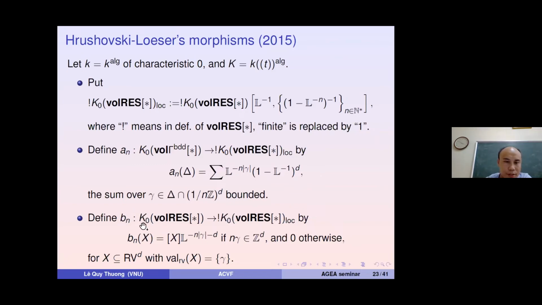And the second ring morphism, from the Grothendieck ring of Vol rest to this, is defined very simply.